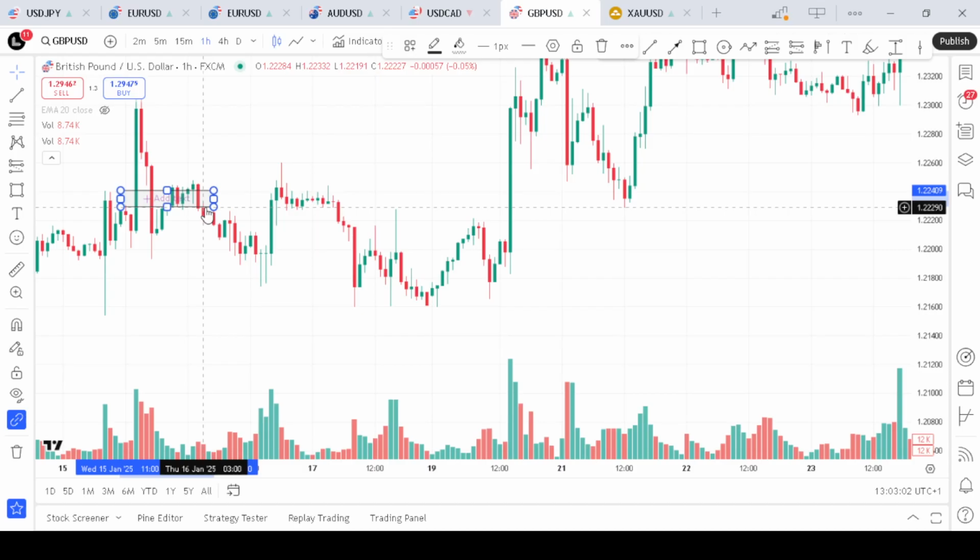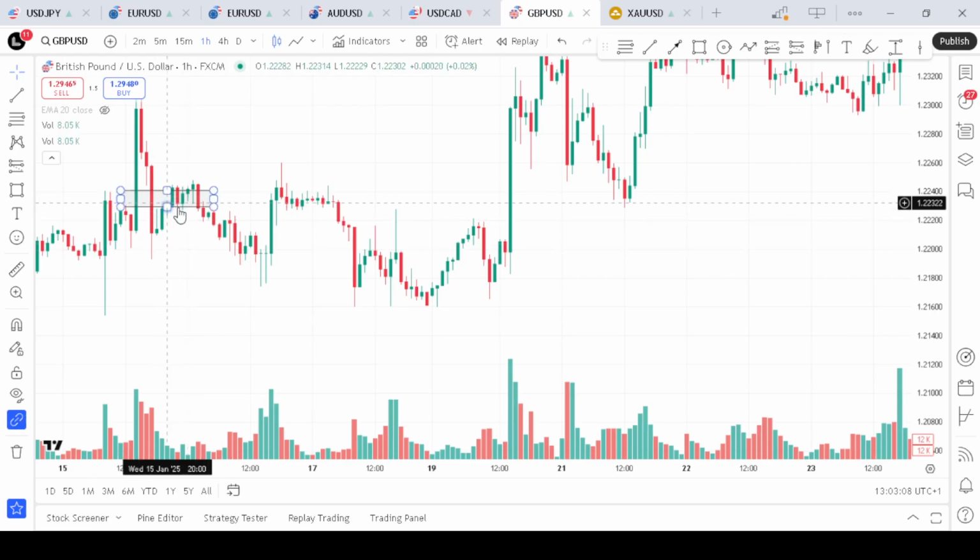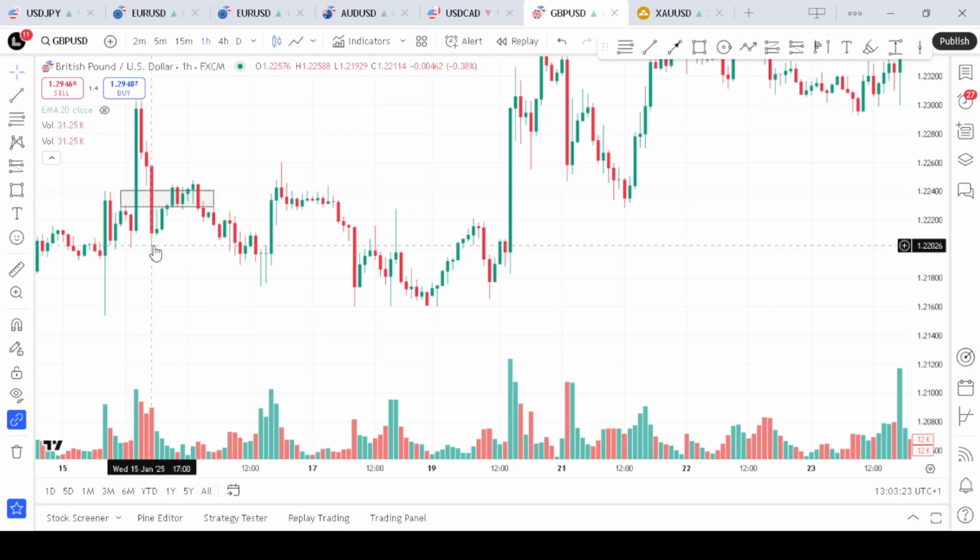If you see a bullish fair value gap followed by a bearish fair value gap in close proximity, their overlap becomes the balanced price range. That is the BPR. This zone is not random and it often acts as a key level of support and resistance.